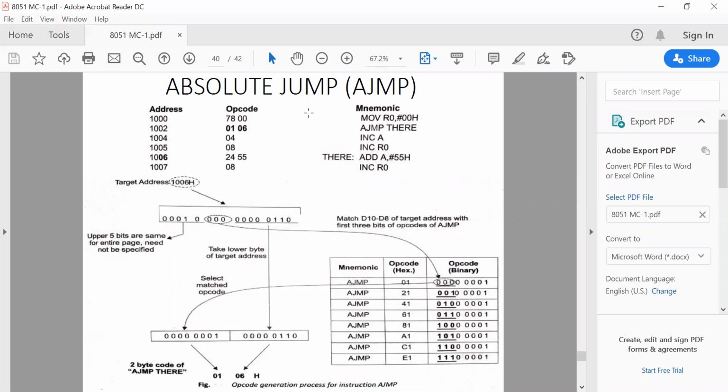The label THERE represents the absolute destination address, which is actually memory location 1006.